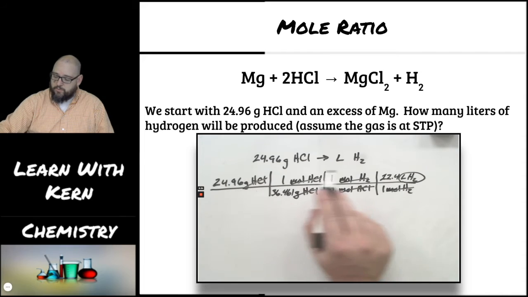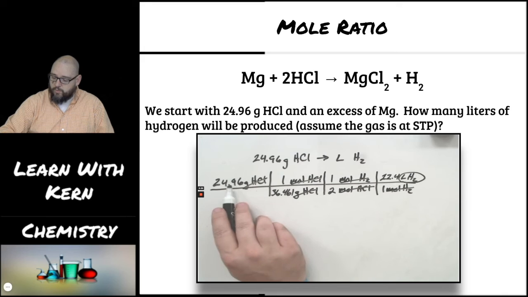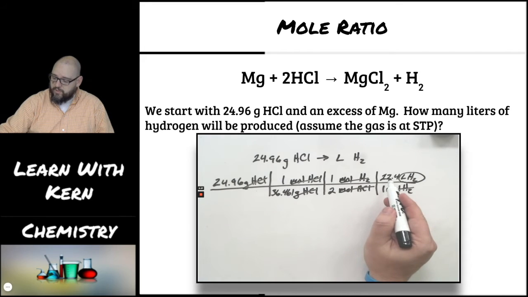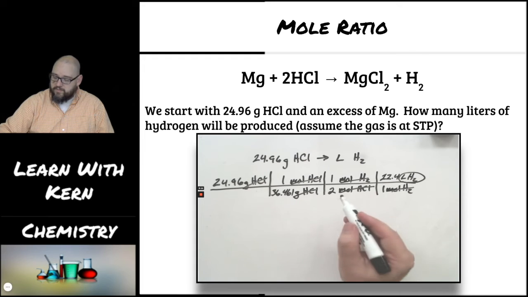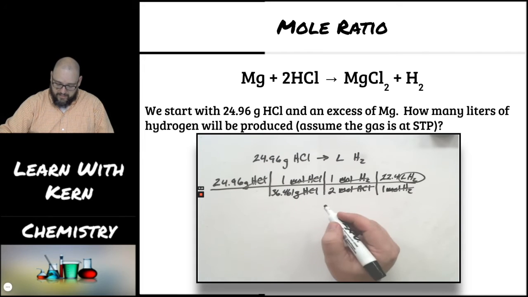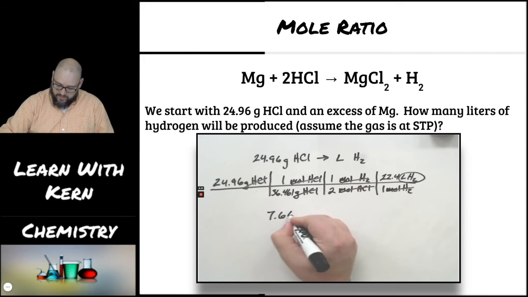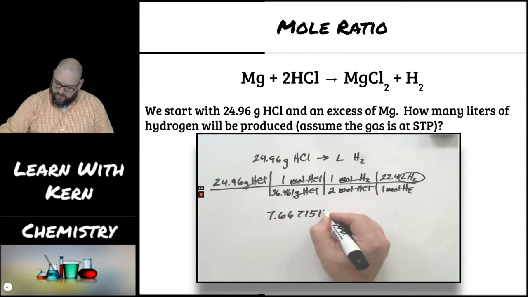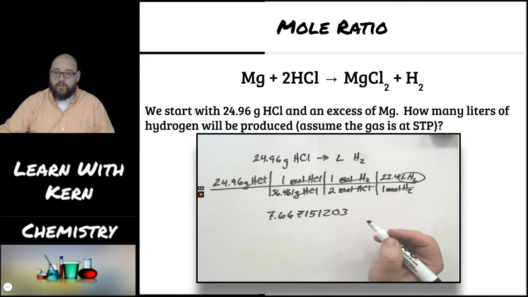So now I'm going to do my math. And again, I multiply the numbers on the top and I divide the numbers on the bottom. So 24.96 times 22.4 divided by 36.461 divided by 2. I put all that in my calculator and I get 7.667151203. And hopefully you know by now that we're not going to leave it there.